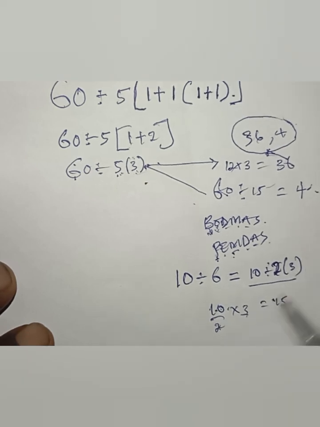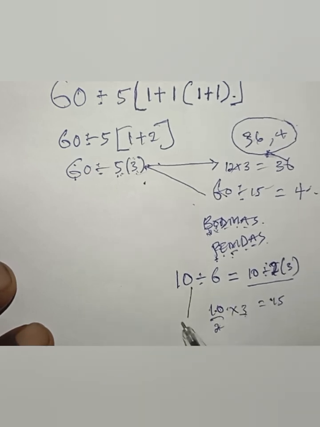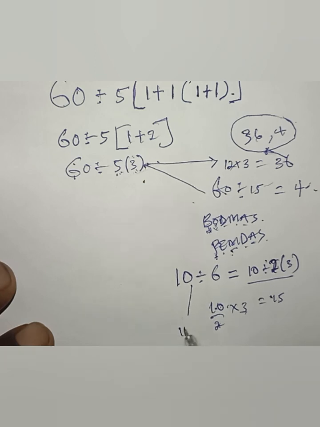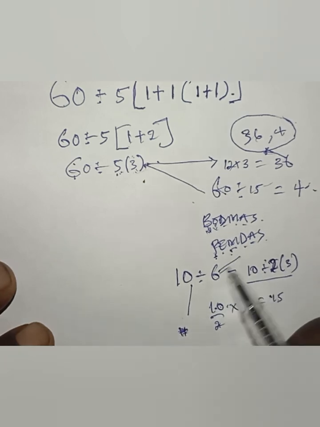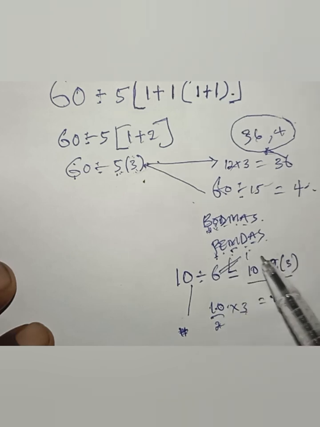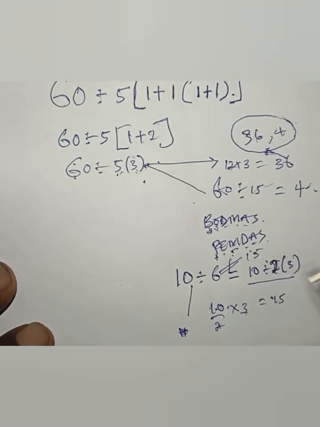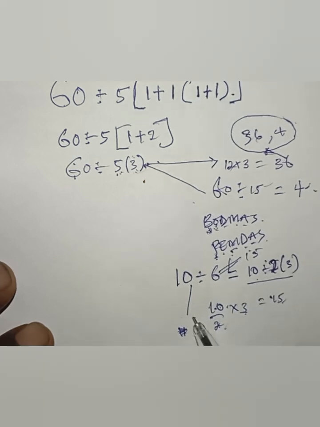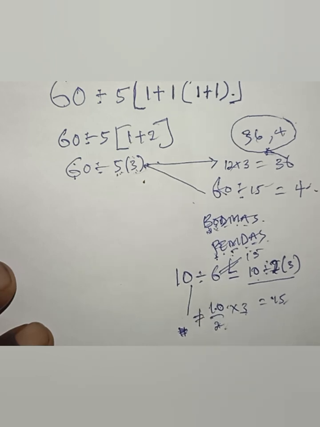But 10 divided by 6 is not equal to 15. So you now see that if you go via this route, you are going to be getting 15, and so this is not equal to this.